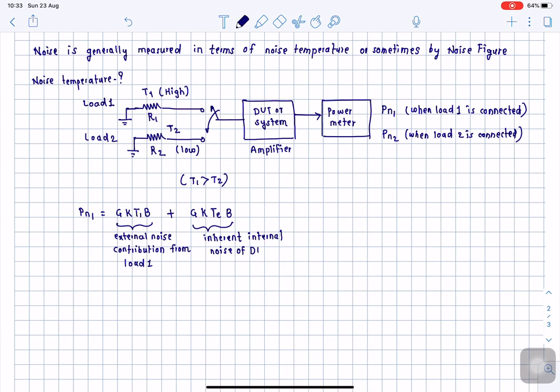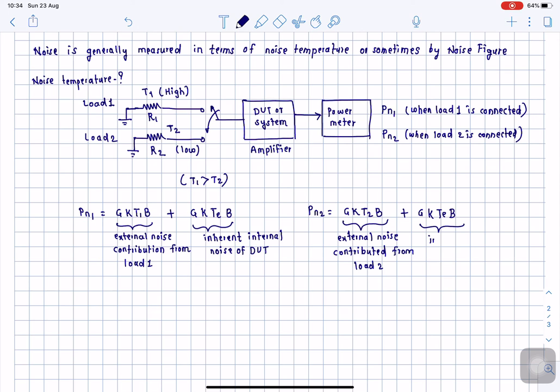Now similarly, when we measure the second power when the device under test is connected to load number 2, we can write Pn2 as the noise contributed by the external load at temperature T2, G K T2 B. This component of the noise power is the external noise contributed from load number 2, plus the internal noise, that is G K Te B, which is going to be the same.